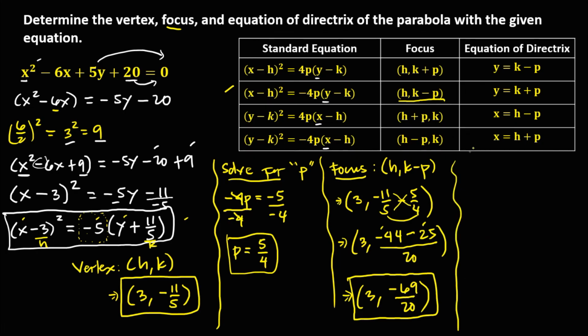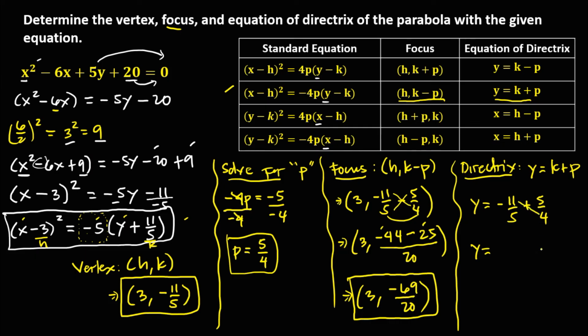Then for the equation of the directrix, this is the formula, that y equals k plus p. So we have now y equals k. K is negative 11 over 5 plus p. P is 5 over 4. Then apply the cross multiplication.